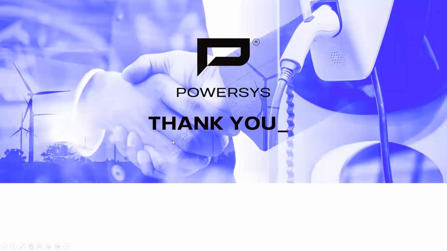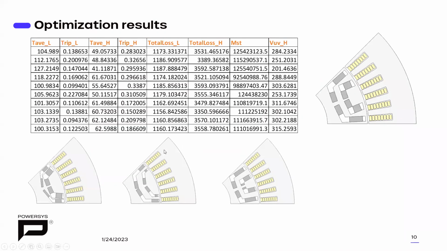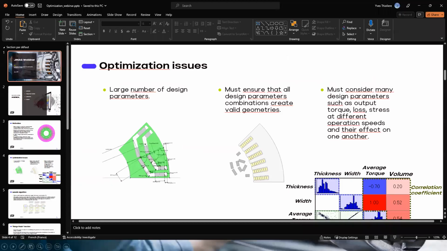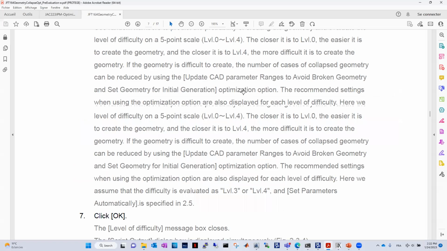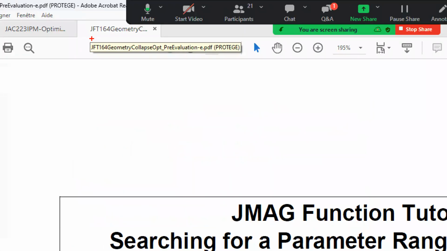Okay, so thank you for listening. I hope you have had a brief introduction to this new feature of JMAG. I encourage you to check this new tutorial, which is available on the JMAG website. You can just type GFT 164.